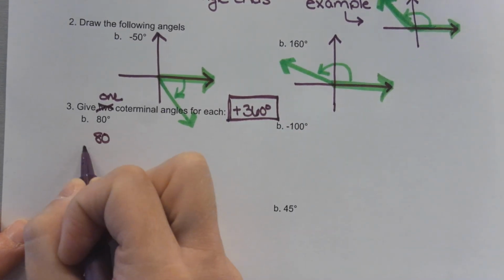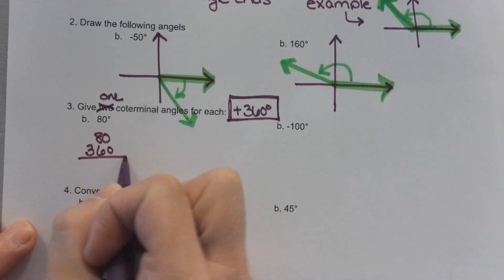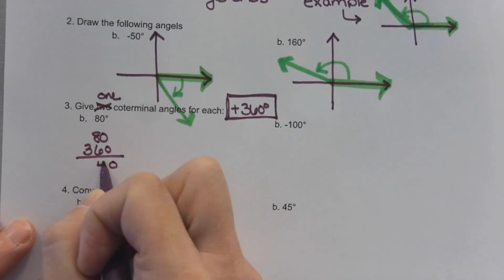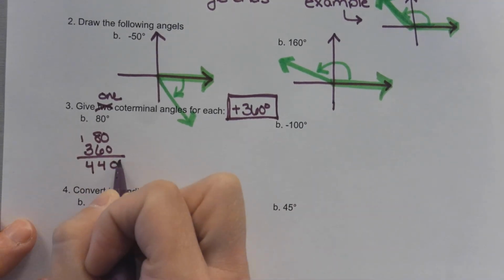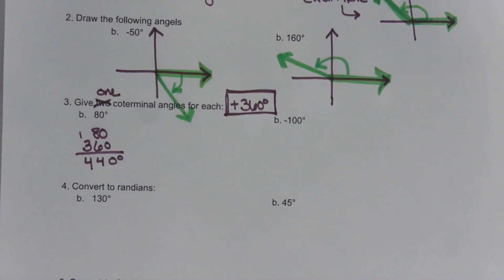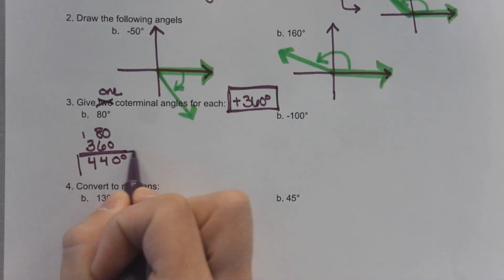So if I take 80 and I add 360, 0, 4 down, carry the 1, 440 degrees would be a coterminal angle. Could I add another 360 to find another coterminal angle? And another 360 and another 360, right? Just keep going.